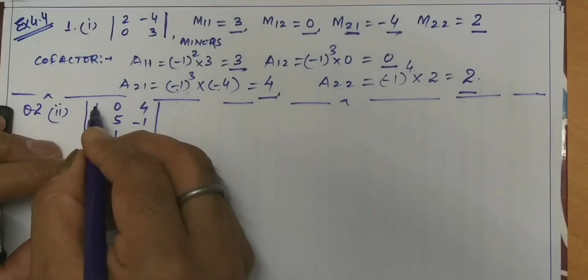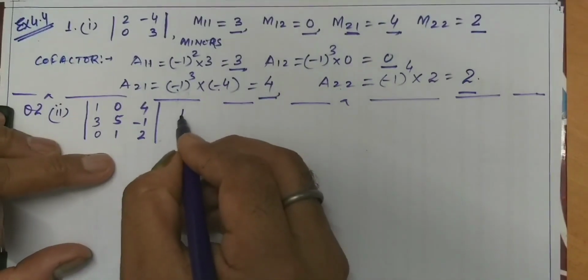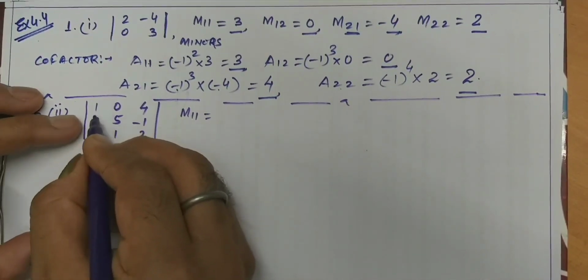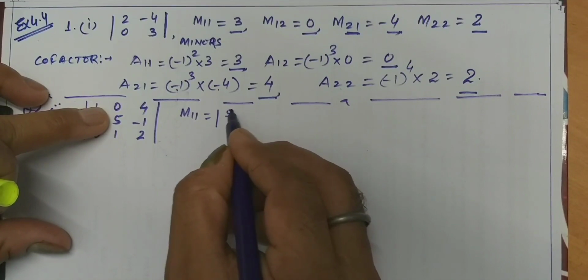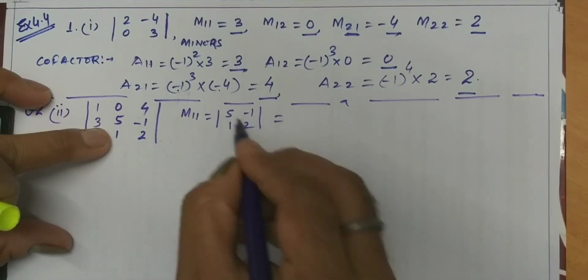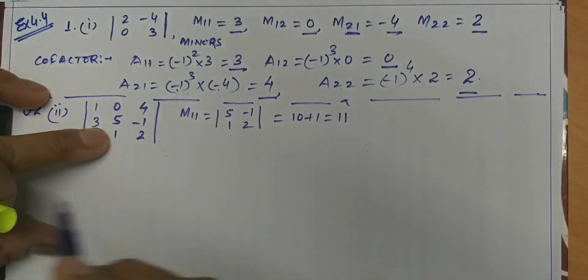There will be 9 minors and 9 cofactors. First I am starting with M11, this is the position, so leaving this row and column, the subdeterminant is 5 minus 1, 1 and 2, which is 10 plus 1, equal to 11.